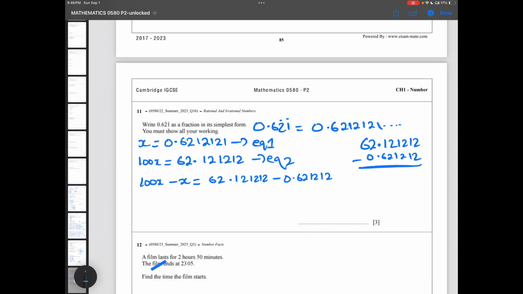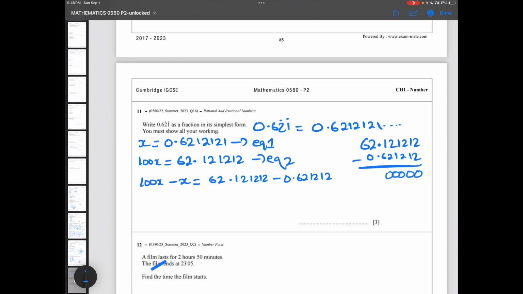By subtracting these two numbers, I will be able to remove the recurring decimals. That is why I made the second equation, so we can remove the recurring decimals. When we subtract, all the ones and twos are aligned, so we will get zeros.